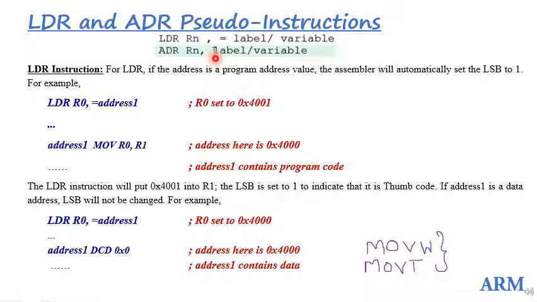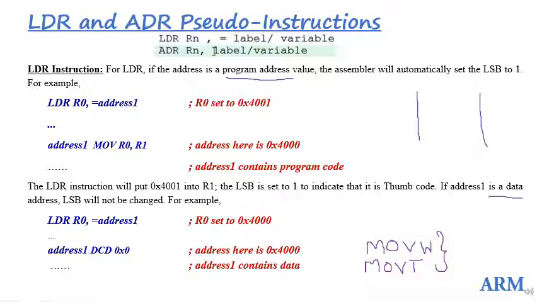Okay, as an example, the address of the memory location that you are going to load into the register can be of two types. That is, the address may be pointing to a program instruction, or the address may be pointing to data.